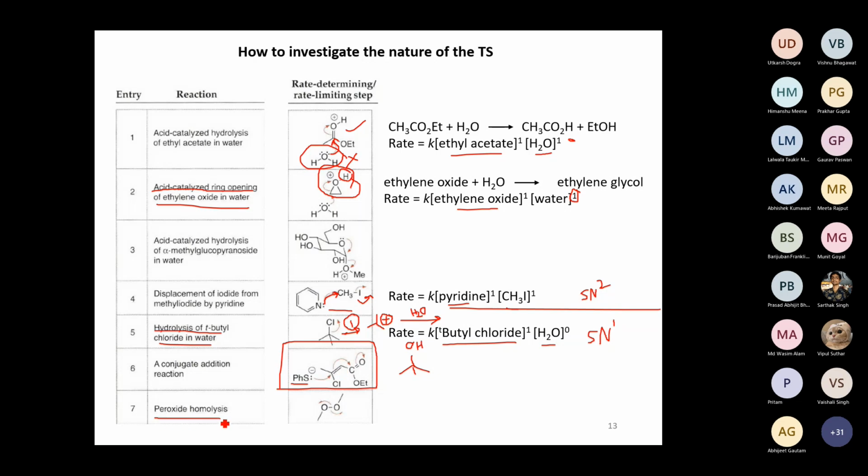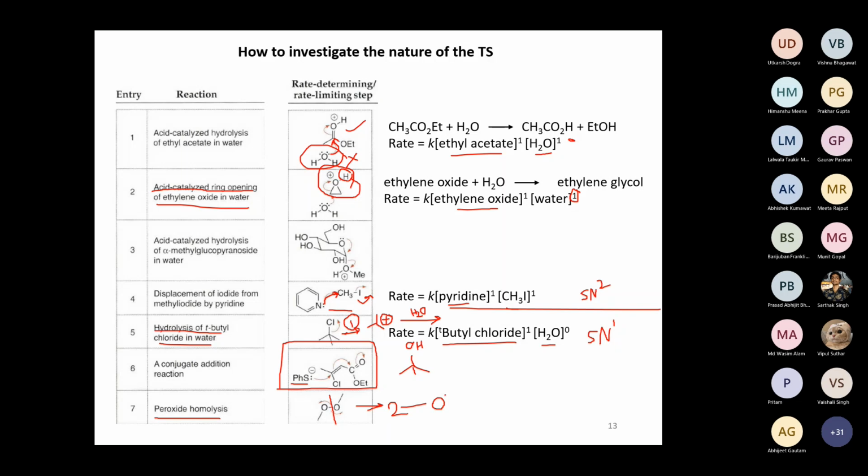The last one is the peroxide homolysis. Peroxide homolysis gives two radicals, so this is just cleaving here. So what is meant by the rate law?